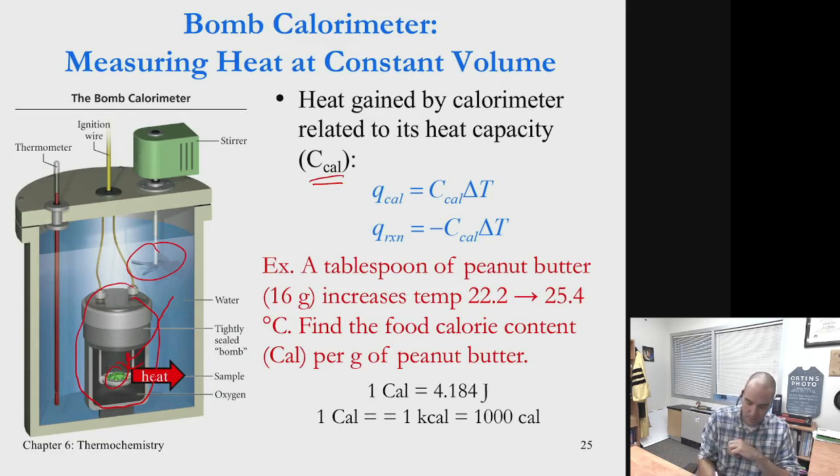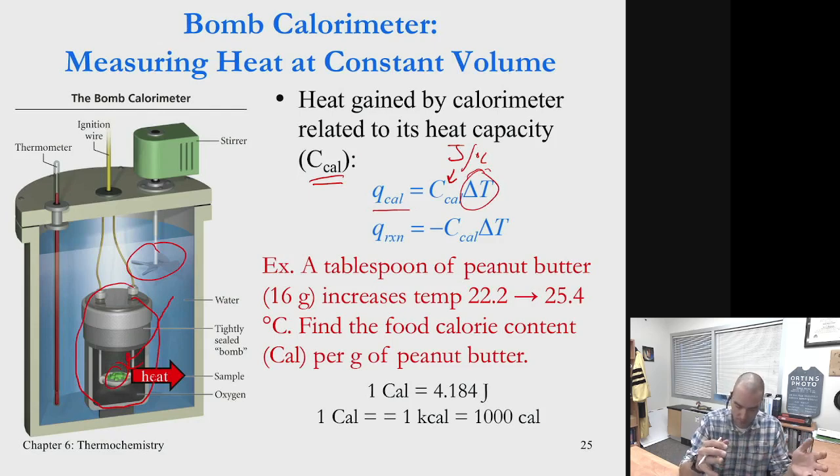So Ccal, or the heat capacity of the calorimeter, has units of joules per degree C, or Kelvin, which allows us to cancel out degrees C from the change and results in our Q being in terms of joules. And remember, we defined that the reaction is going to have the equal and opposite heat change. So Q of the reaction is equal to negative Ccal times delta T.